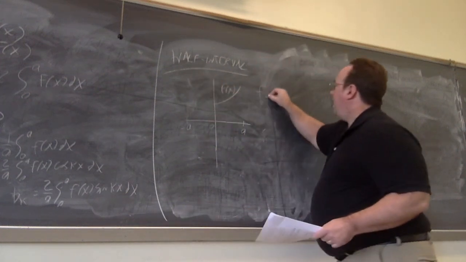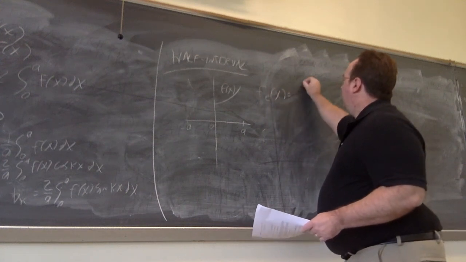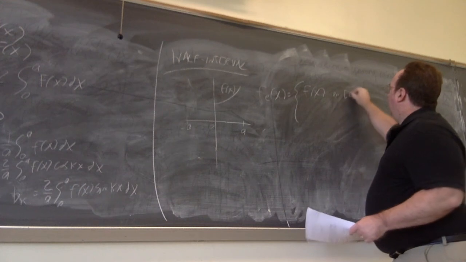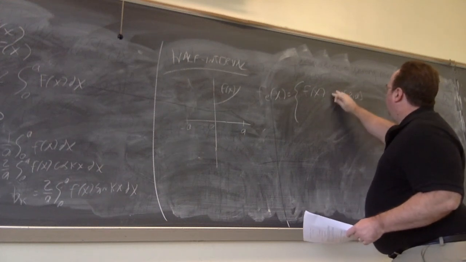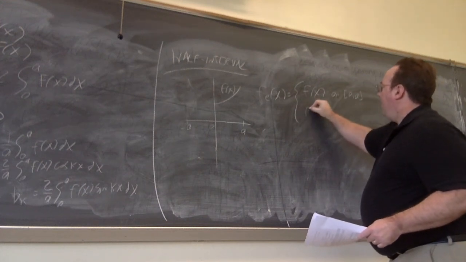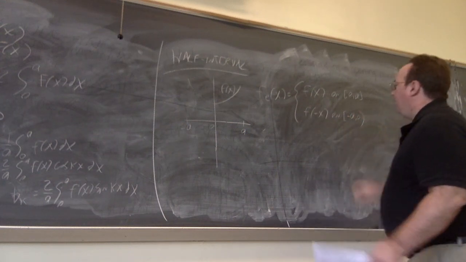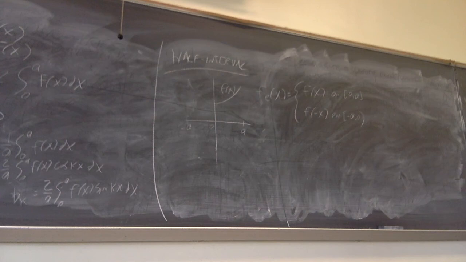So I can define f_e of x equal to f of x on 0 to a, and f of minus x on minus a to 0. One nice thing about that is it will certainly make it continuous.